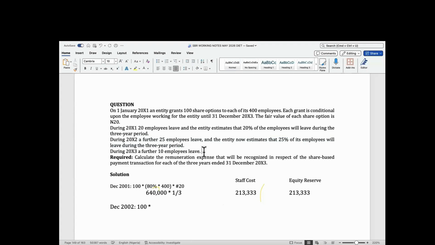That's 400 times 75%. That's correct. Absolutely correct. Even though a further 25 left again, the estimate of 25% is for the 3 years period.